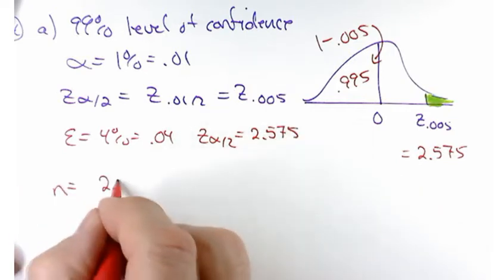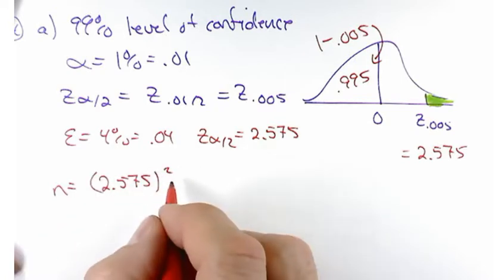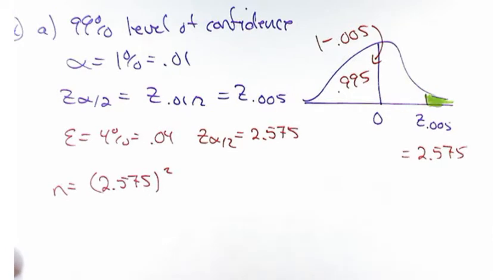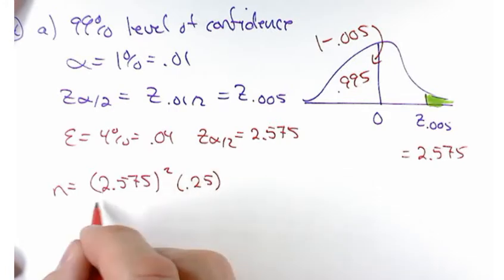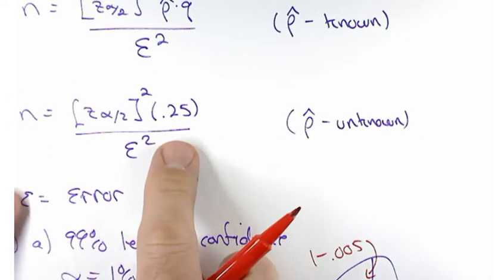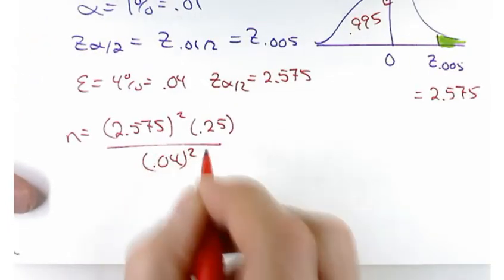That's going to be 2.575 squared times, let's see, they didn't tell us in this particular part what p hat was or q hat, so we have to use the second of these formulas, 0.25 divided by 0.04 squared.